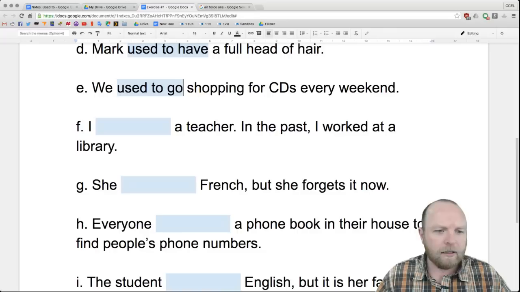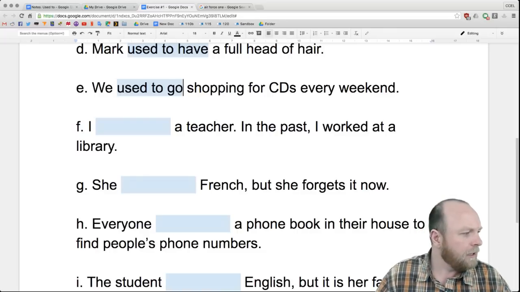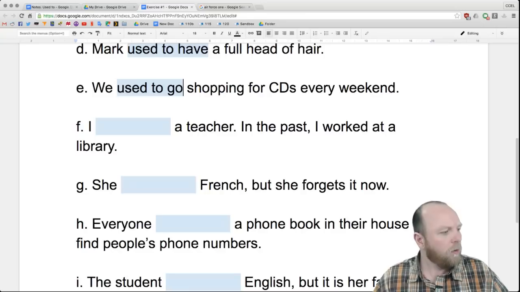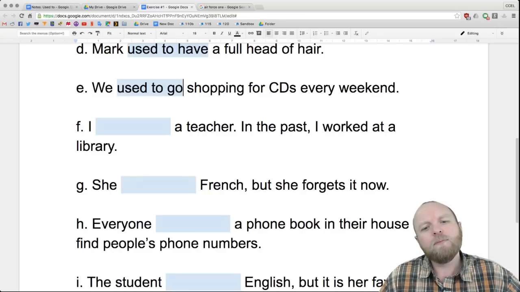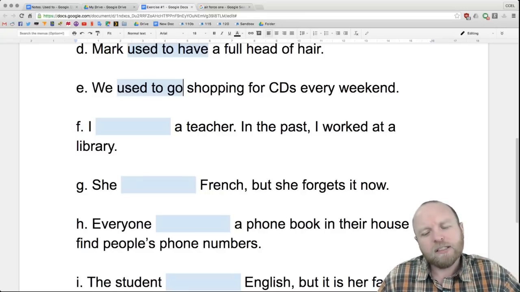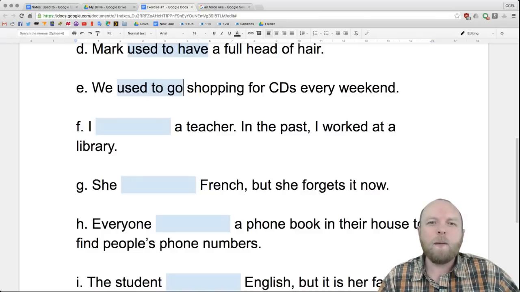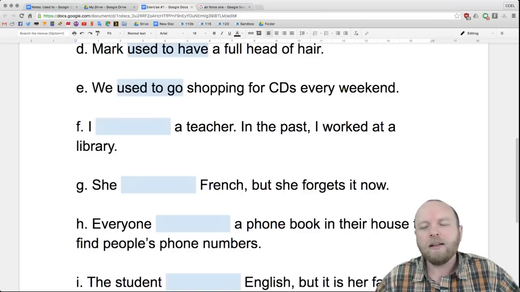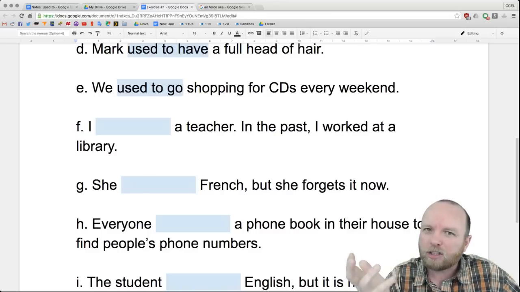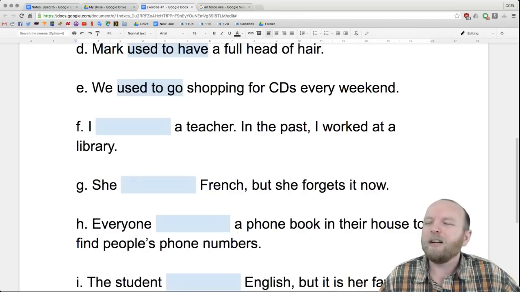Khalid, C, no, we already talked about C. We are on E, right? Kayo used to go, good. Risvana, used to do shopping for CDs every weekend. No, used to do shopping is like a job, okay? Usually we say the shopping. It's more British English, actually.